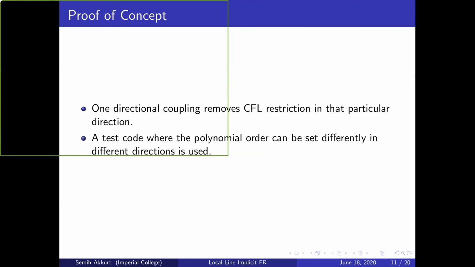Before moving on to more practical examples, I would like to show a very simple example as a proof of concept. So my proposition is that this one-directional coupling removes the CFL restriction in that particular direction. In order to show this, I developed a 2D test code where I can set the polynomial order in x direction and y direction independent from each other.